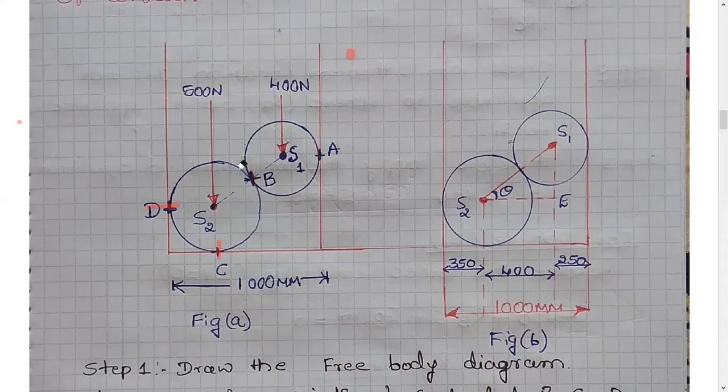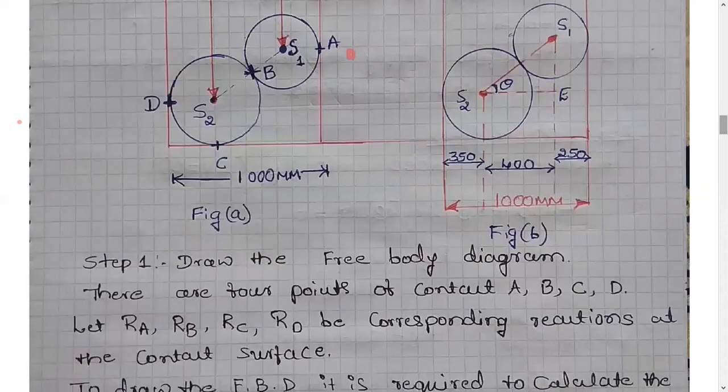To solve the problem, what is the basic thing we require? First thing we require is to draw the free body diagram of the question. To draw the free body diagram, I want to know the direction of the forces which are acting. For example, here they have given two spheres.